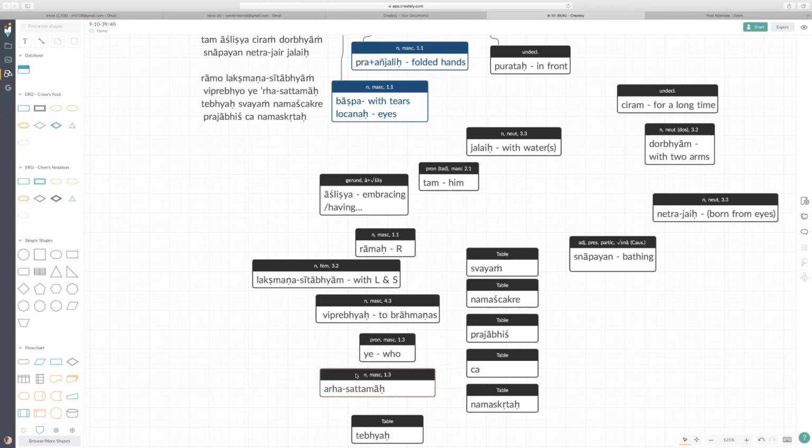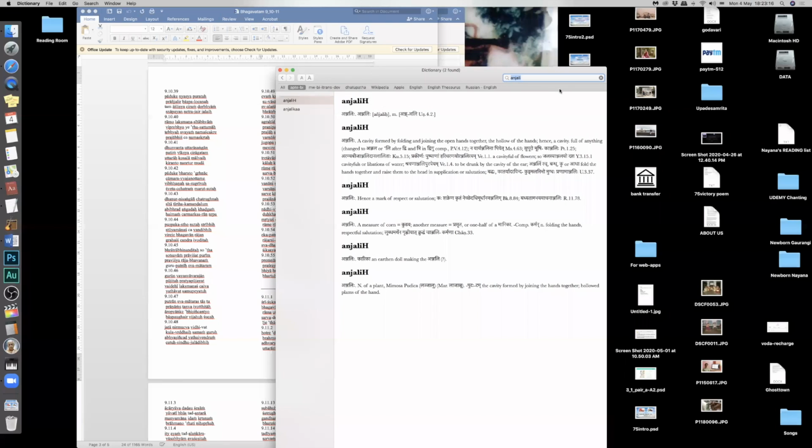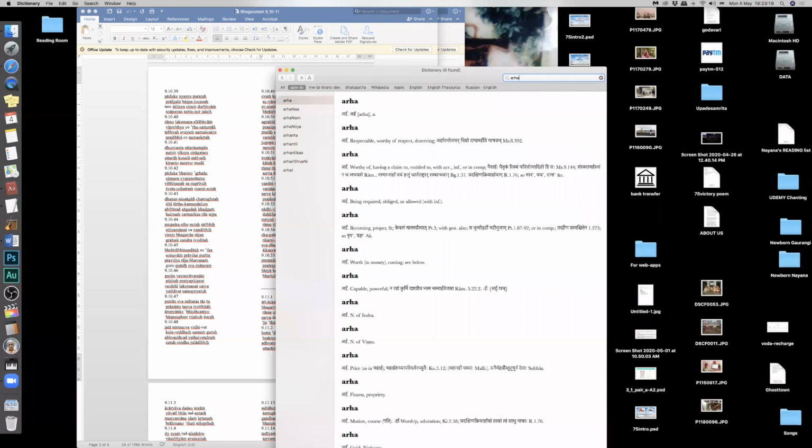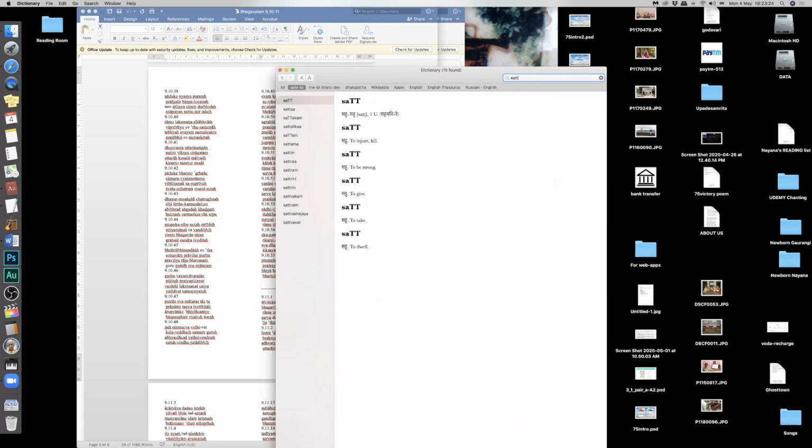Arhasattamaha. So how do we translate arhasattamaha? Well, arha means deserving, worthy. Arha, respectable, worthy of respect, deserving, okay? Then sattama is like most beautiful, the best, excellent, most respectable.